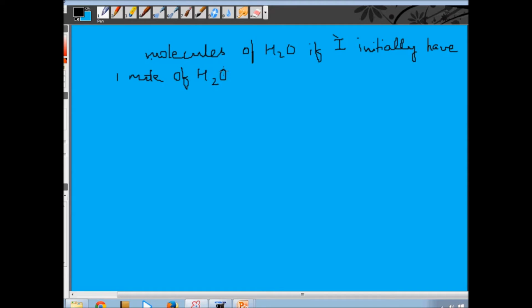Now I have not been given the molecules of water. I have been asked what is the number of molecules of water if I have 1 mole of water. Now it's a pretty straightforward answer. We know 1 mole is nothing but equal to Avogadro's number, that is 6.022 multiplied by 10 to the power 23. So I will have 6 into 10 to the power 23 molecules of water.